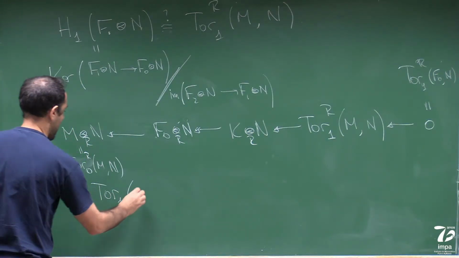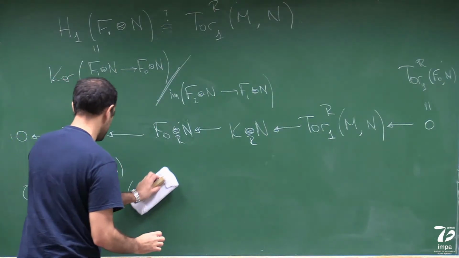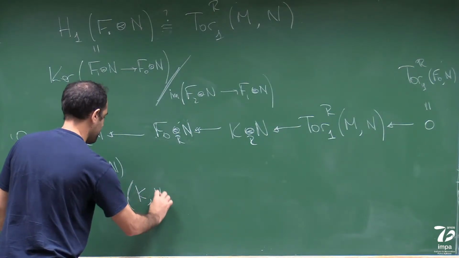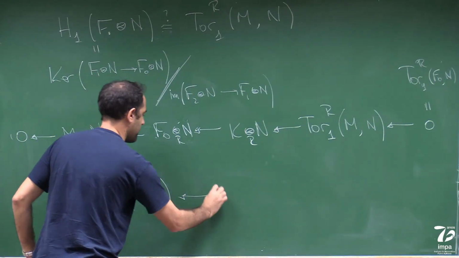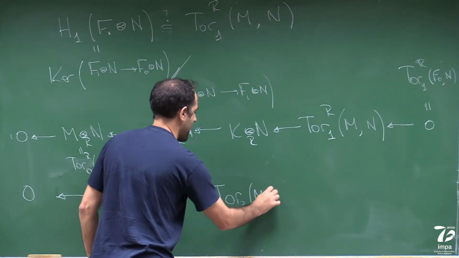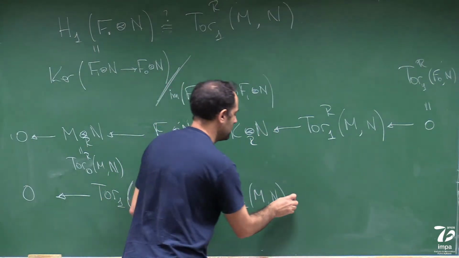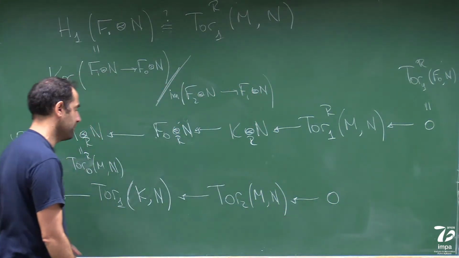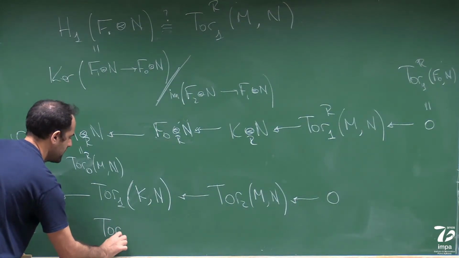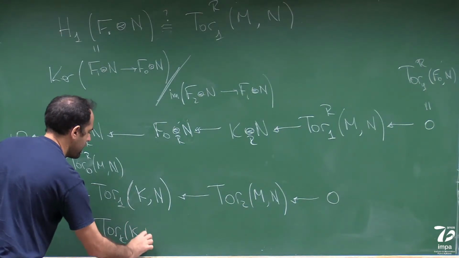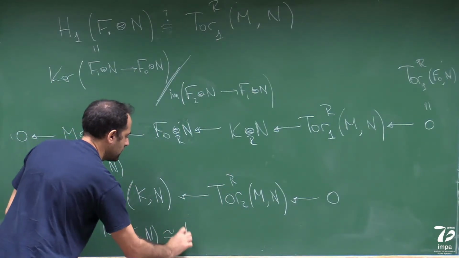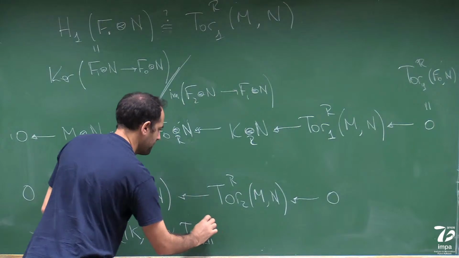And I'm going to get Tor 1 of K, N, and now I'm going to have Tor 2 of M, N, and Tor 2 of F, N, and in general I get isomorphisms between Tor k of K, N and Tor k plus 1.